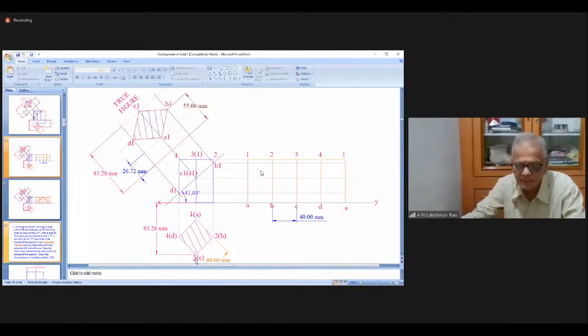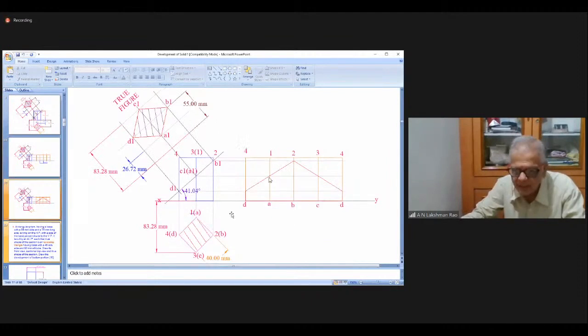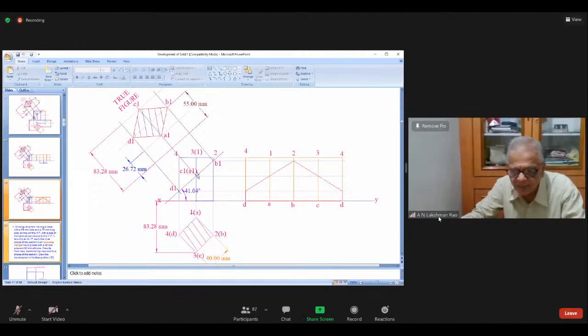So mark the points, go and mark the respective points. D is on 4. 3 is on C. On C, I should get 3, wherever it is. B is on 2. So mark all the points, join them.